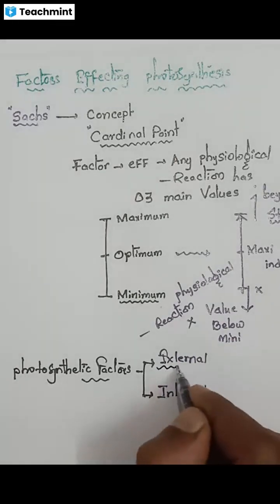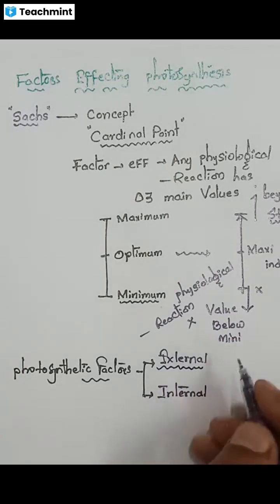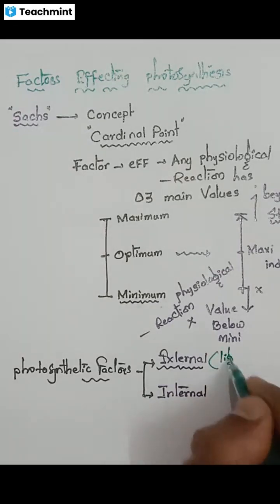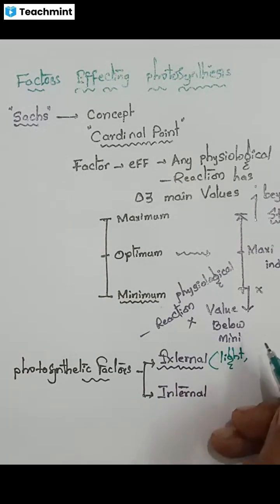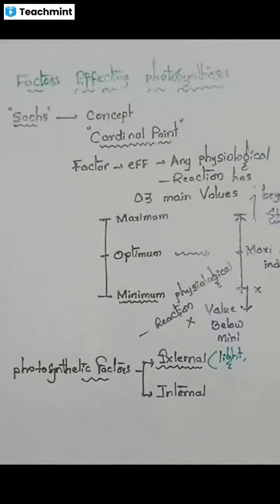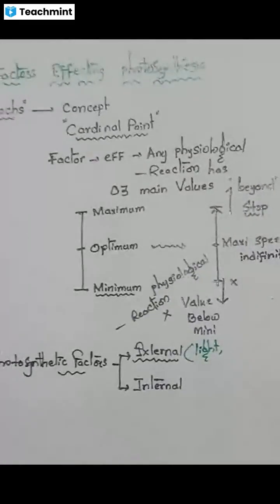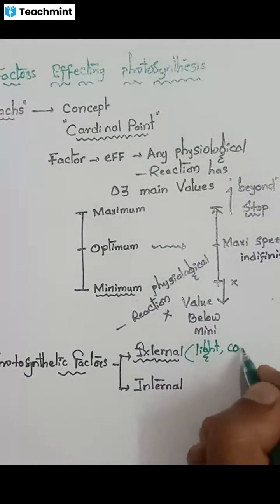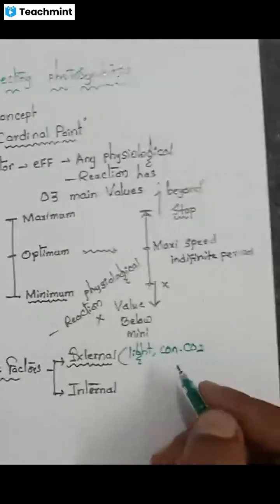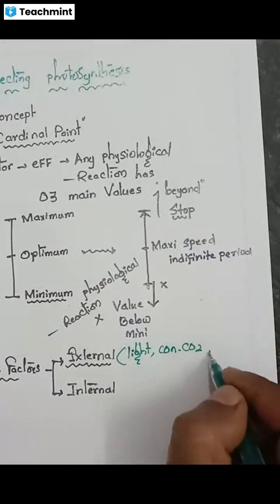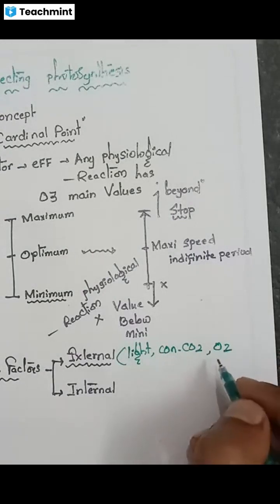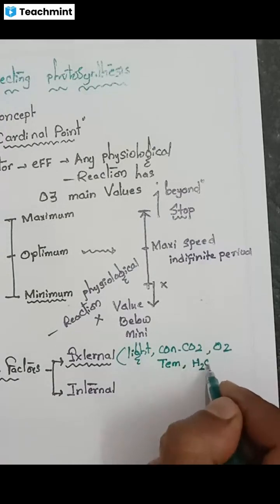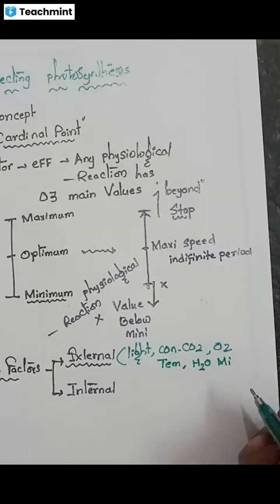The external factors include light, concentration of carbon dioxide, concentration of oxygen, temperature, water and minerals.